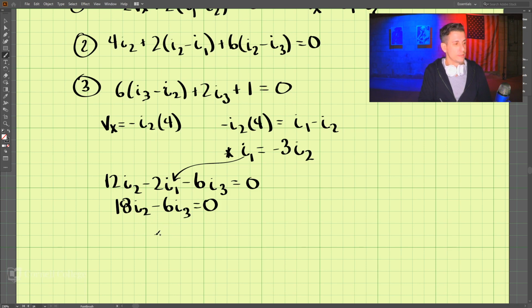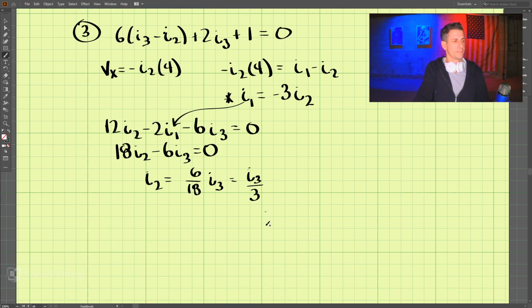So I2 is equal to 6 divided by 18 I3, which is then equal to 3 over 9, 1/3 I3.